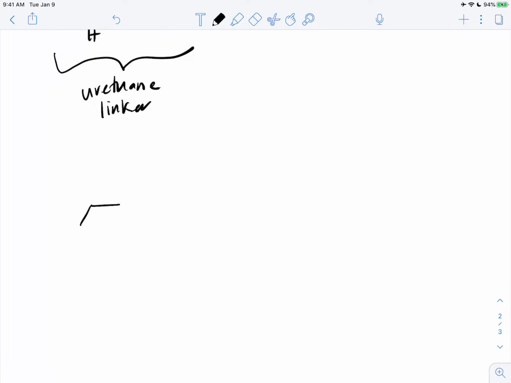So we've got a benzene with a nitrogen, double bond carbon, double bond oxygen. And then on this side, we've got carbon. And then that's attached to another benzene.